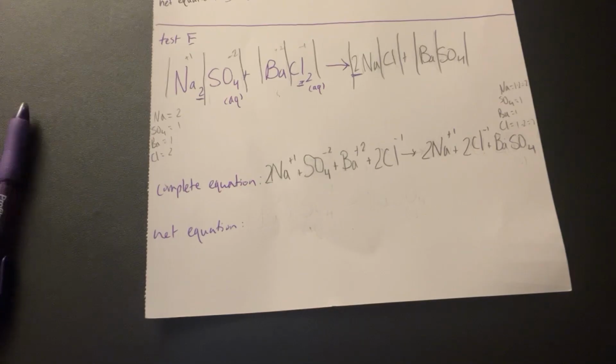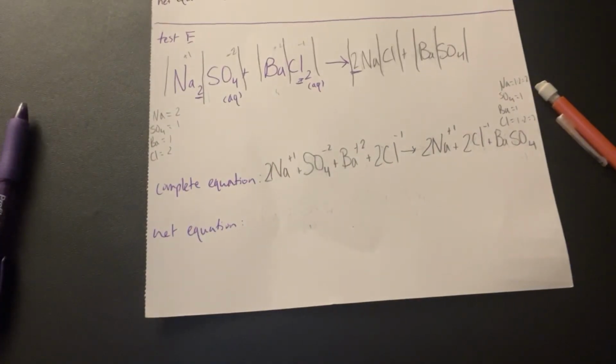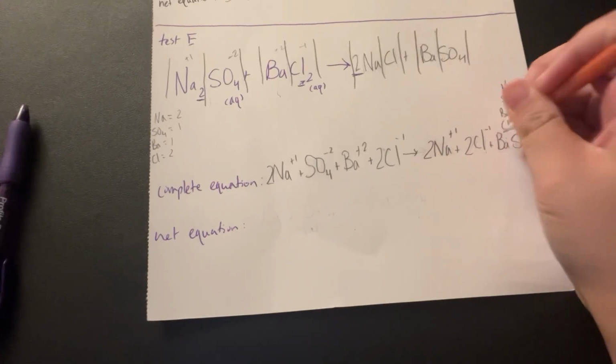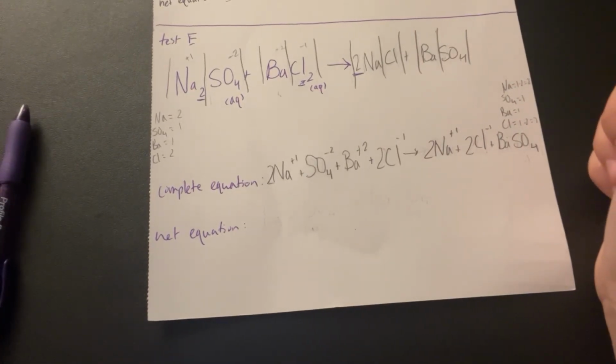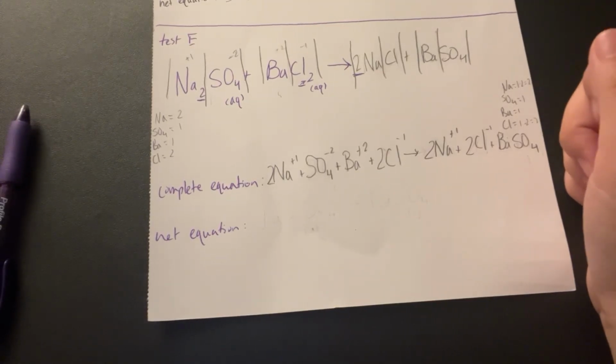But you're probably asking, why did you erase barium and sulfate? And why didn't you put them as plus? Well, think of the ionization charges, and remember an ionic bond. An ionic bond is where 2 strong opposites, plus and minus, come together and bond. So think of barium sulfate as a 1-to-1 ratio.